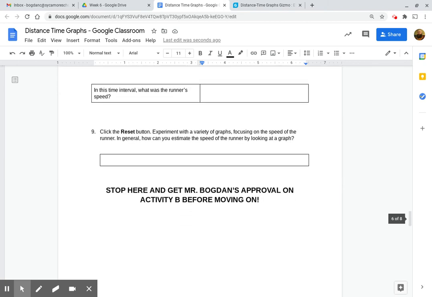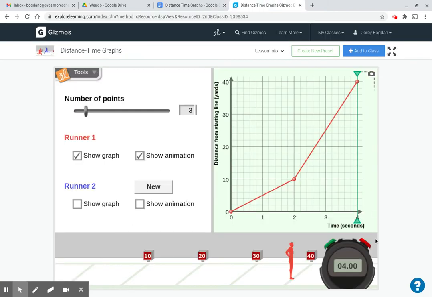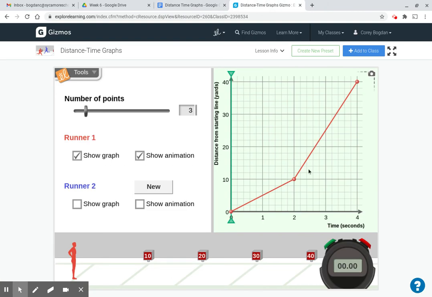All right. Last one. Click the reset button. Experiment with a variety of graphs looking at the speed of the runner. In general, how can you estimate the speed of the runner by looking at the graph? So let's keep this simple and go down to 2 yards. Here, they are going to go a total of 10 yards in 4 seconds.